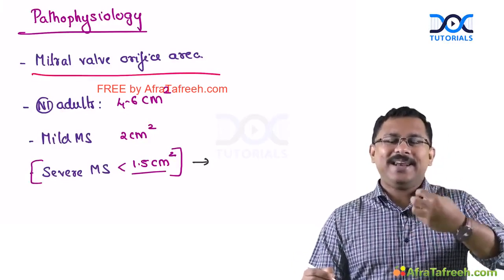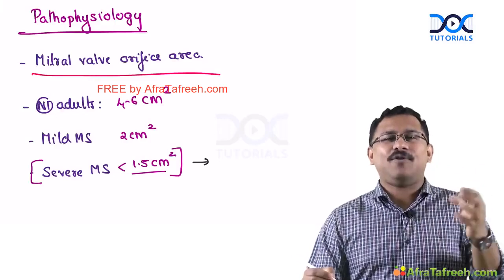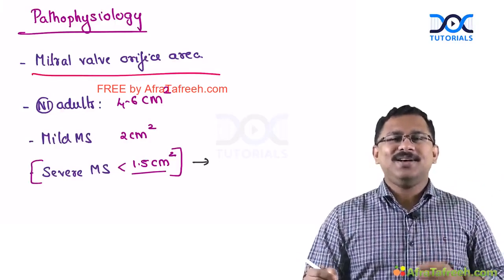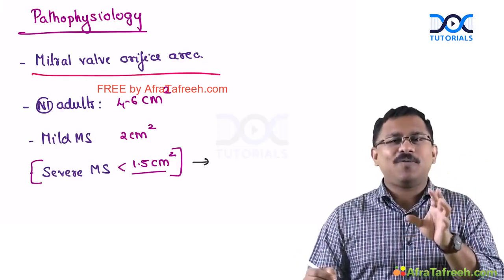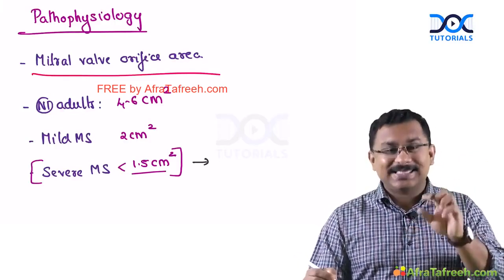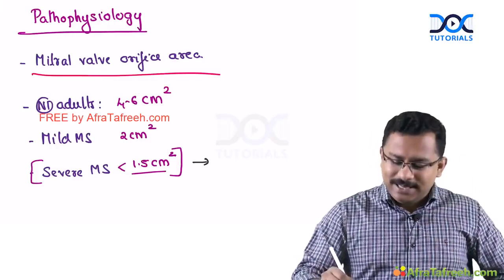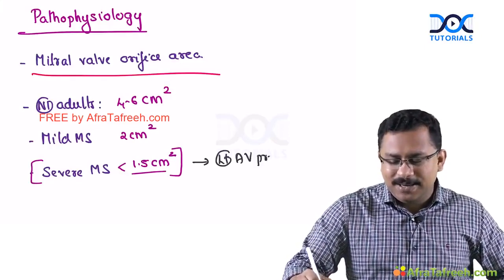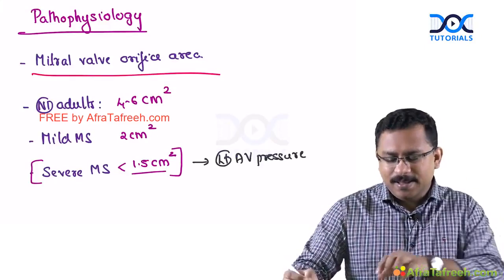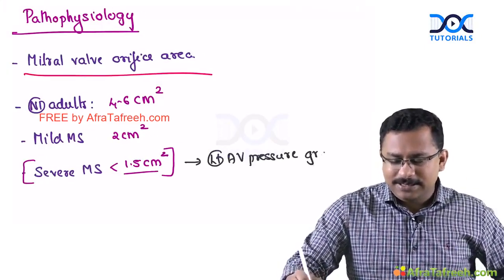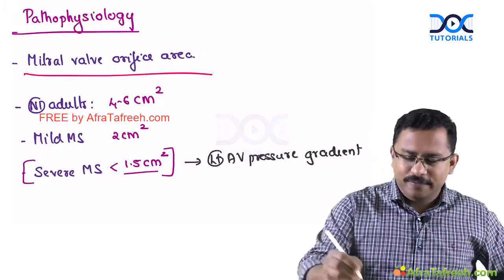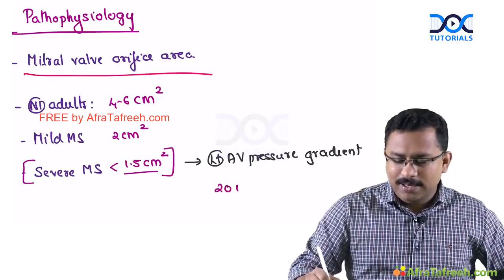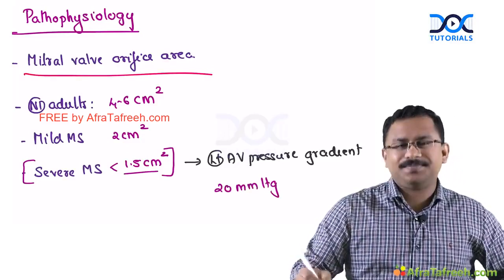That is the gradient that is required for a forward propulsion of blood. So as to maintain a normal cardiac output at a stage of severe MS, you have got to have a left AV pressure gradient of around 20 millimeter mercury.